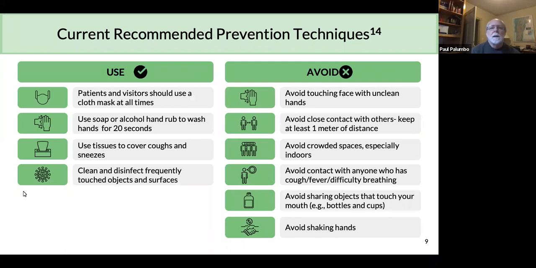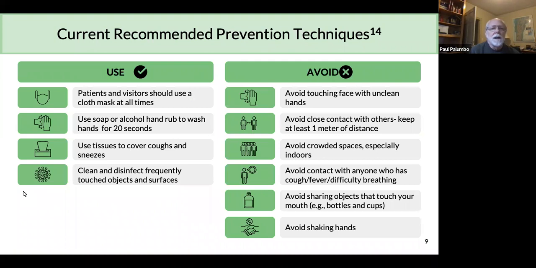Thanks. So there are recommended prevention techniques. On the left-hand column, you can see the things, largely personal protective equipment, that are recommended. Masks for patients and visitors.